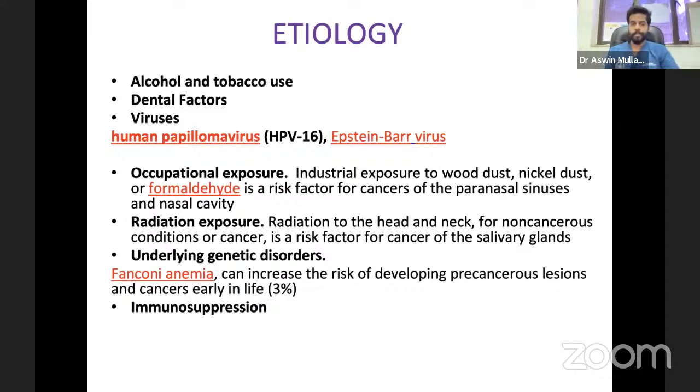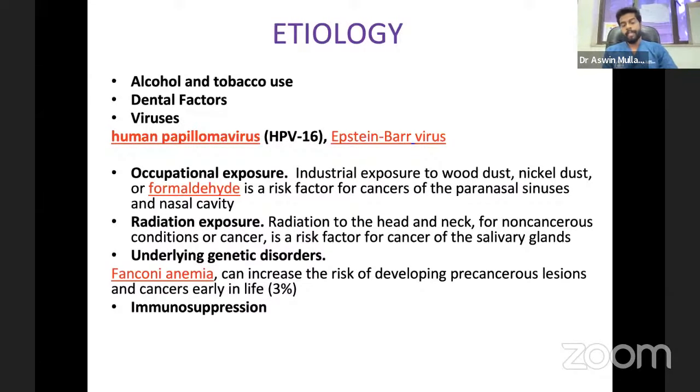Then occupational exposures and radiation exposure. A patient who underwent radiation for other cancers in the head and neck can develop cancer in the thyroid or other salivary glands. Then underlying genetics. In genetic disorders like Fanconi's anemia, which is a familial disease, there is an incidence of around 3% of developing head and neck cancer.